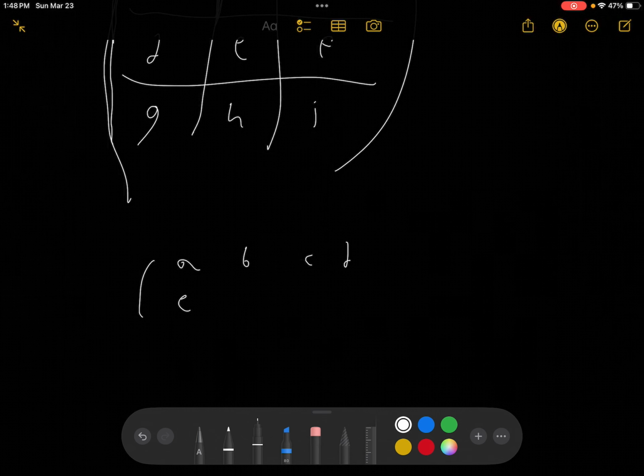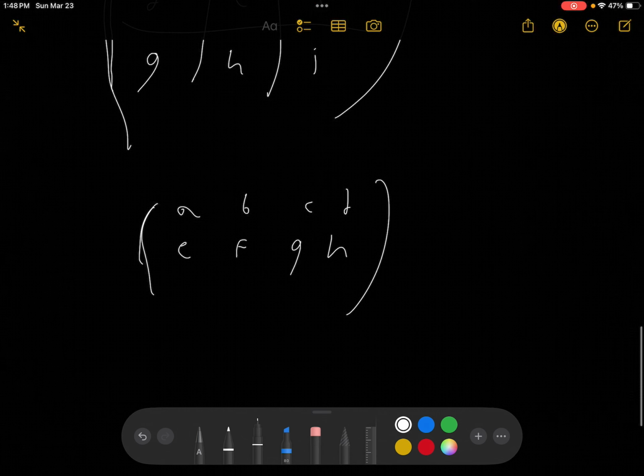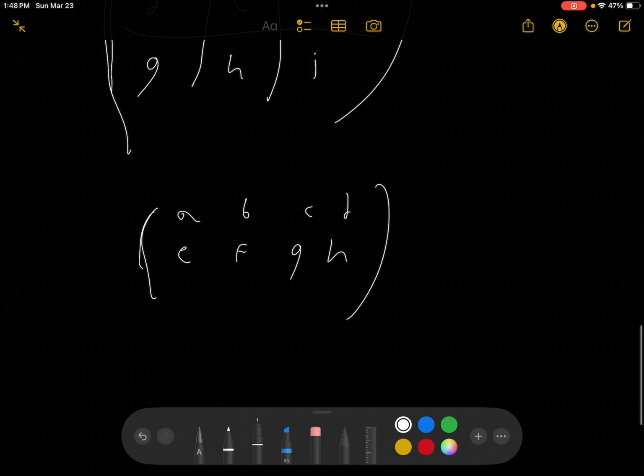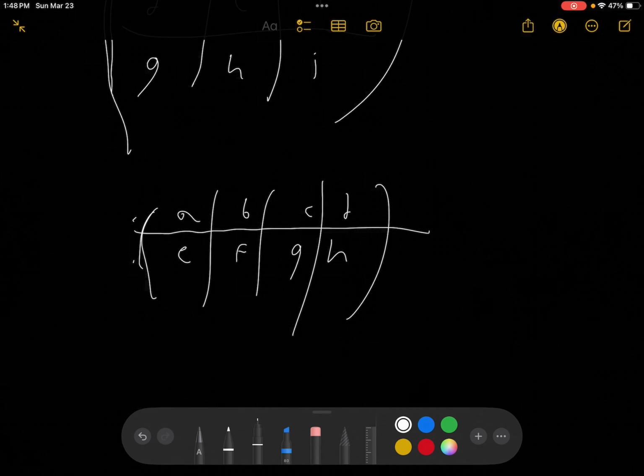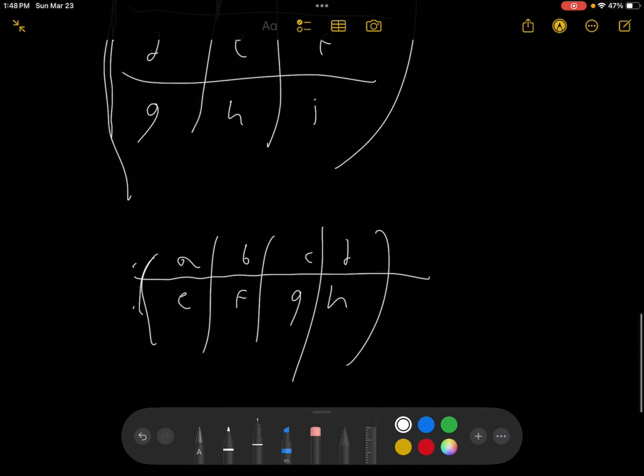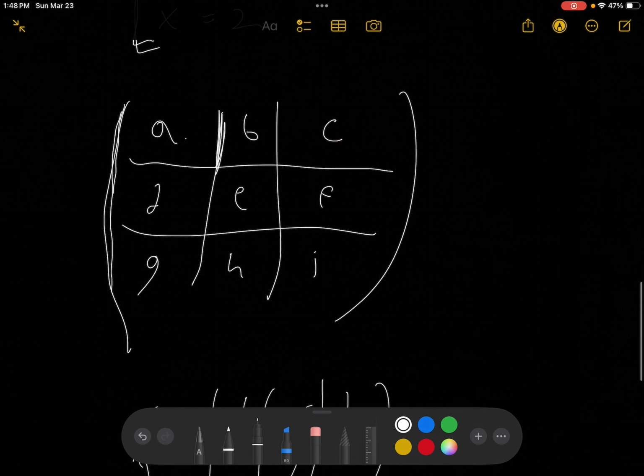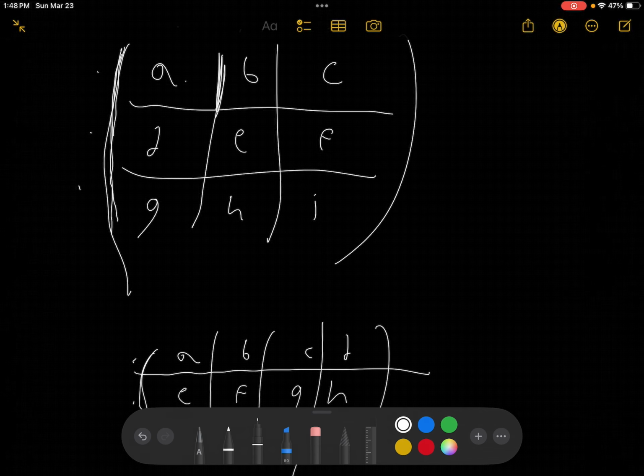You could also have a matrix that looks like this, where if you were to draw your grid on here, you would end up with a 2x4 grid. And in general, when we're talking about the dimensions of this matrix, we mean how many rows does it have and how many columns does it have.